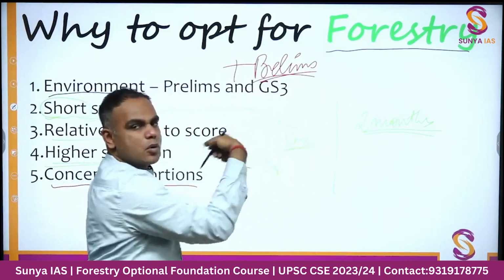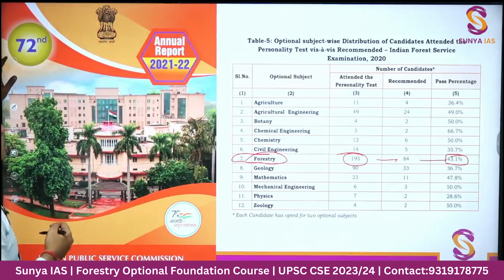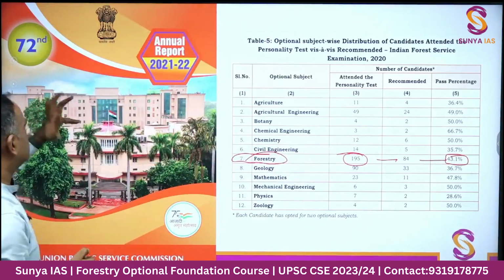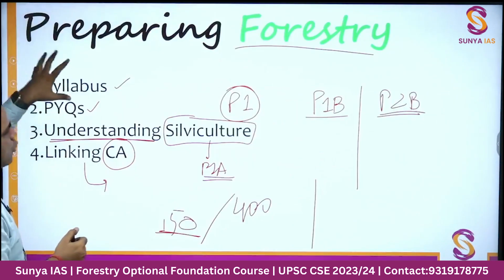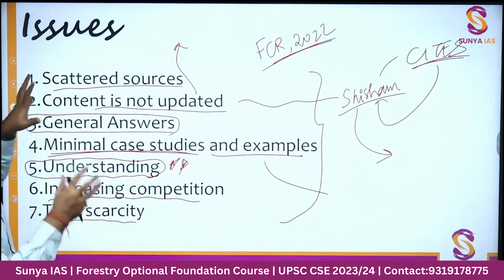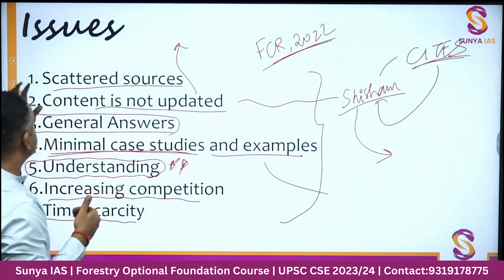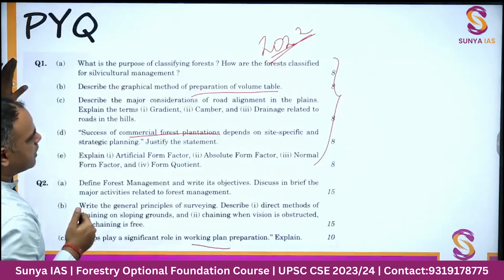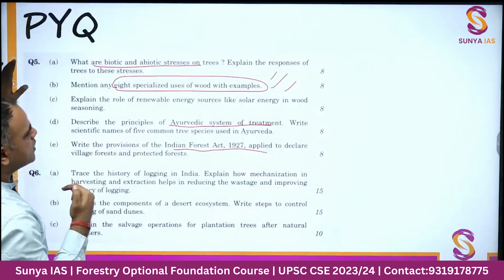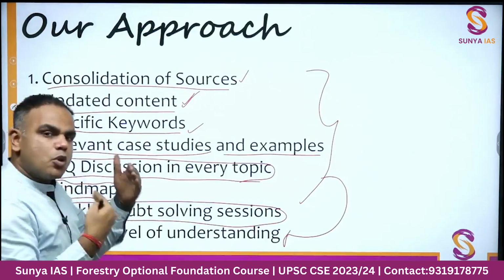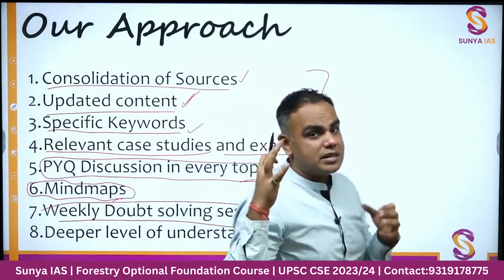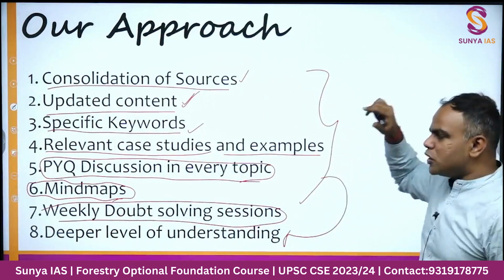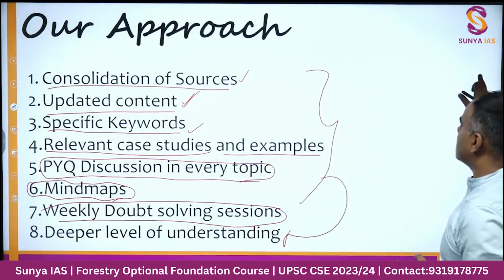Then we saw general forestry having the maximum number of people who attended the test, and I showed how you should prepare forestry and what the lacunas or problems are in forestry. Then we saw the syllabus of each section, the previous year questions, and then the approach: how Sunya IAS is going to help you, specifically how to cover forestry in general, covering all the important lacunas.